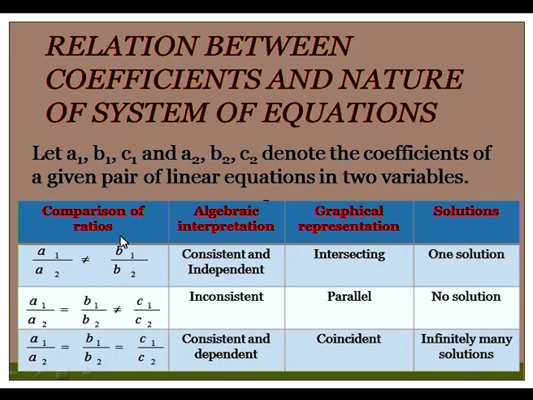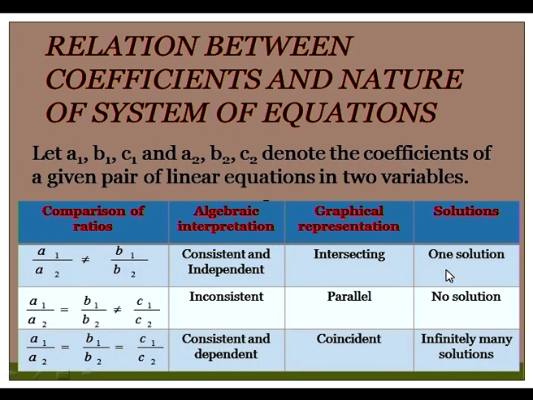If we start comparing the ratios of the respective coefficients, when we observe a1 by a2 is not equal to b1 by b2, then the lines are said to be consistent and independent. What do we call the lines as? Consistent and independent. And how do they look on the graph? We find that the two lines are intersecting. Therefore, we can have only one unique solution, which means both the lines intersect at only one point, and that point is our solution.